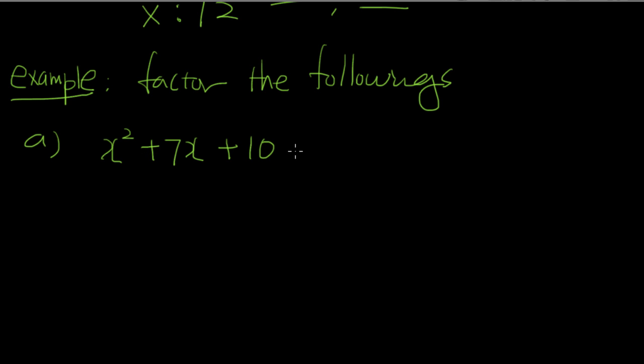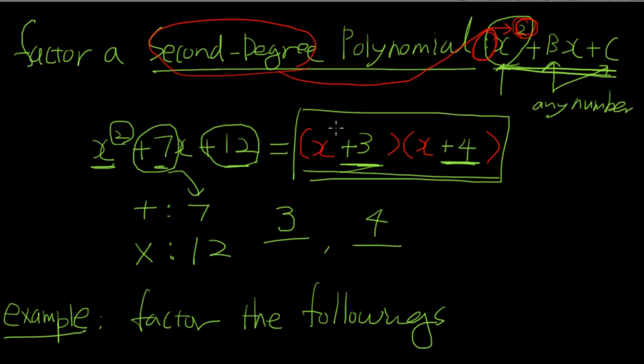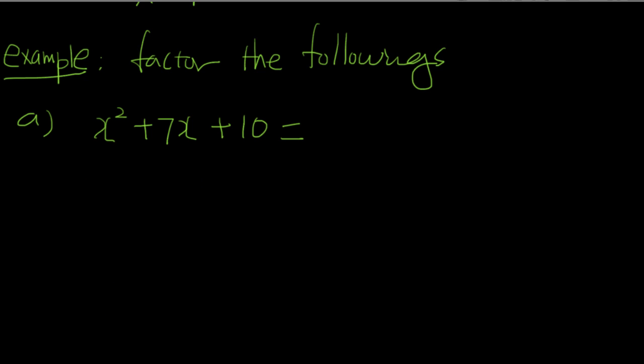Remember that I told you this is in that x squared plus bx plus c form. And our automatic response would be setting it up like this, and we try to figure out this two number combination. When we add, it's gotta be this middle number, 7. Almost the same as the last question. When we multiply though, it's gotta be 10.